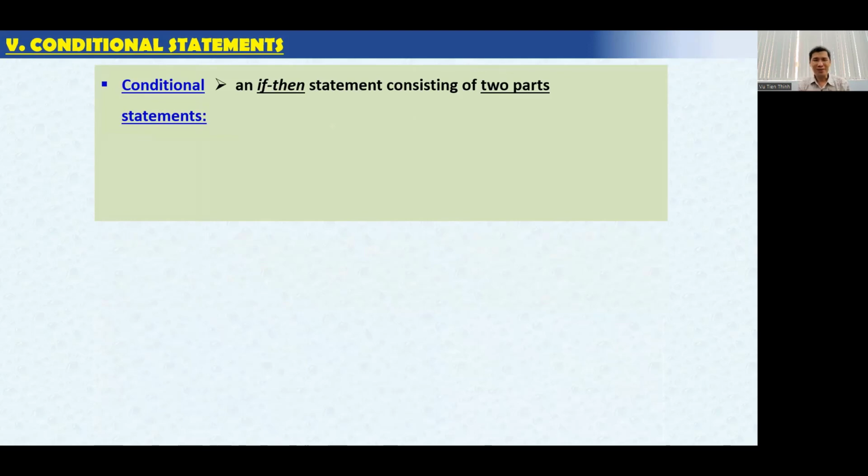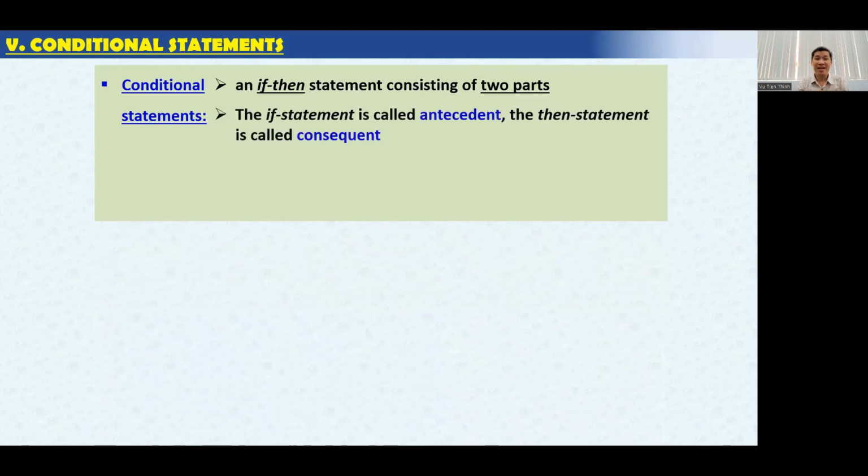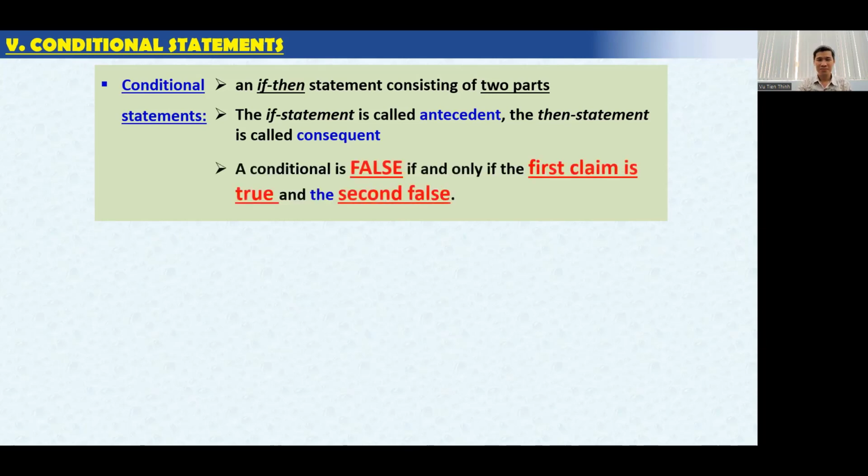We often say the if clause and the then clause. It has 2 parts. We say the if statement, antecedent, and the then statement, the consequence. Or you can say the main clause. But in critical thinking, we don't say main clause, we say consequence or then statement.